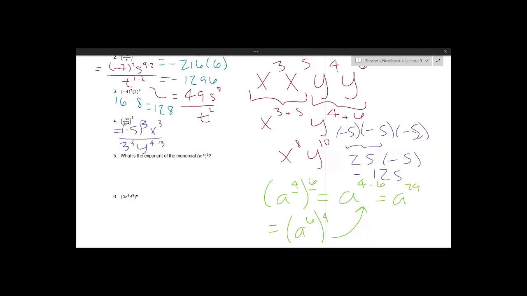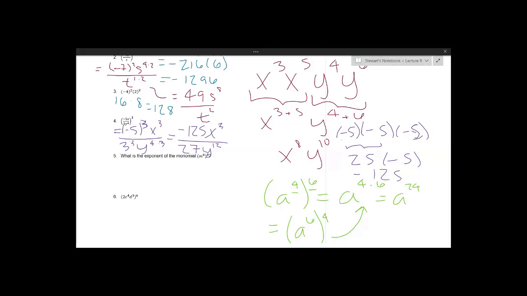So the coefficient here is going to be negative 125 times x cubed over 27 y. 4 times 3 is 12. So 27y to the 12th.